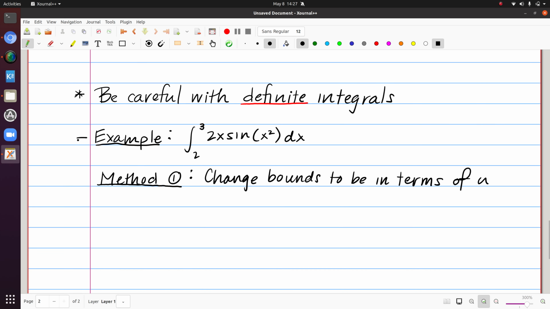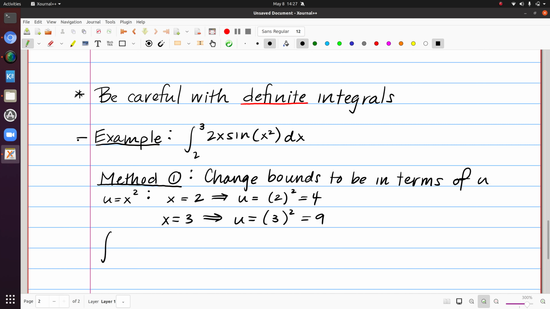So when I make my substitution, u equals x squared, then what we can do is say that knowing that x is equal to 2, which was the lower limit of integration in the example, that implies that u is 2 squared or 4. And knowing that x is 3, the upper limit of integration, that corresponds to u equaling 3 squared or 9.